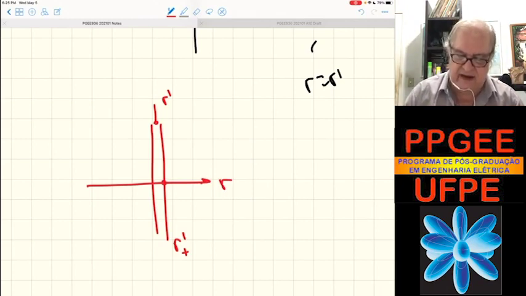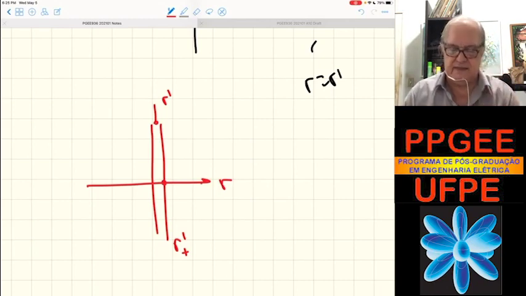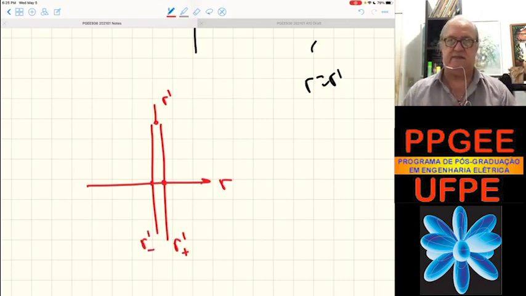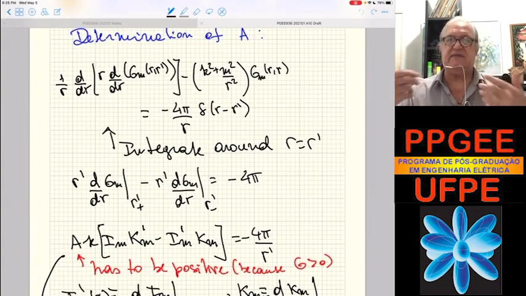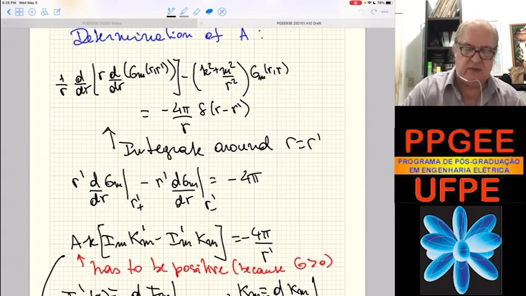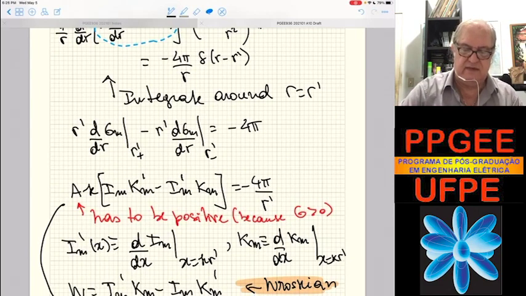So we're going to have values picked at r equals r prime plus and at r equals r prime minus. Parts of the left-hand side are going to give 0. If we do the integration here, this term here is not going to contribute anything. This one here is going to be 1 over r prime, and we have the derivative of this thing on the one side and the derivative on the other side. So that's what we have.